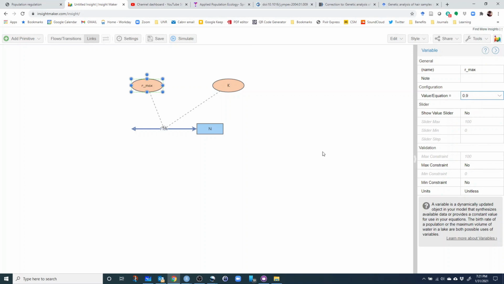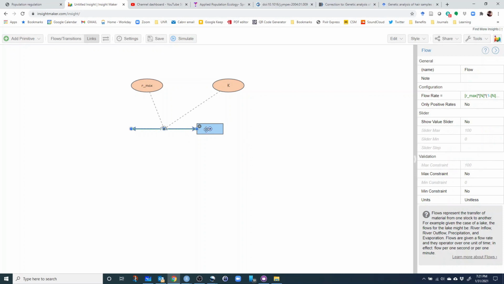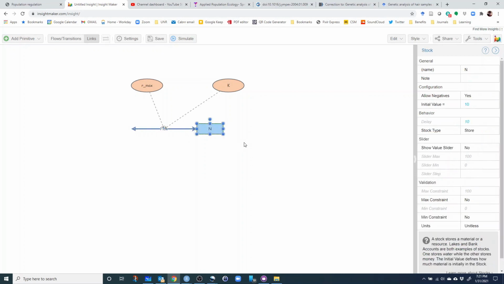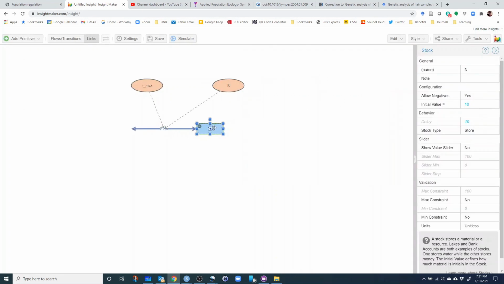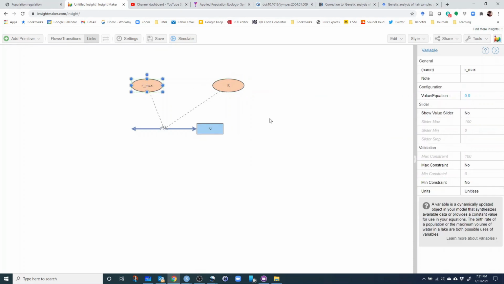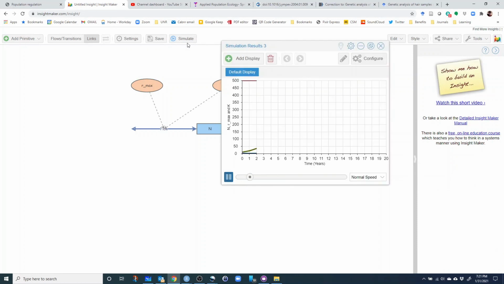I think in the lecture page, the website, it specifies some different numbers, so just make sure you use those numbers if you want to follow that model directly. And we have the equation already written there in our initial population. So I think we should be able to run this model.